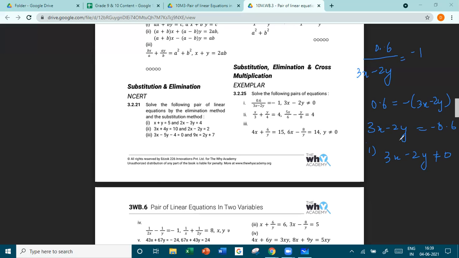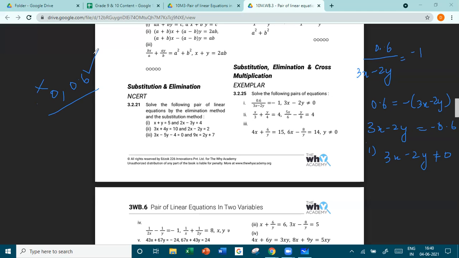Ideally, conditions where something is not equal to 0 is given when you get two answers. So if you are getting something as 0, comma, let's say 0.6 in this case, the second equation is just a condition to tell you that it's not 0, which means 0.6 is your answer.